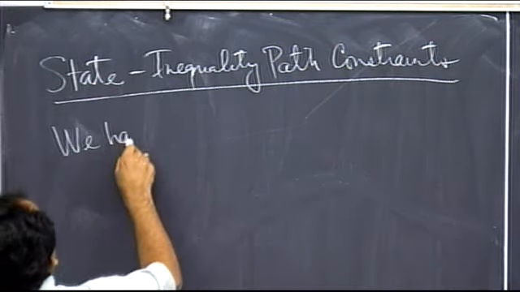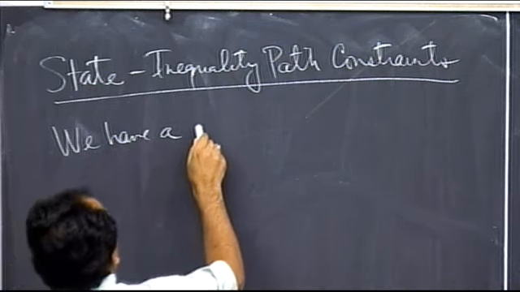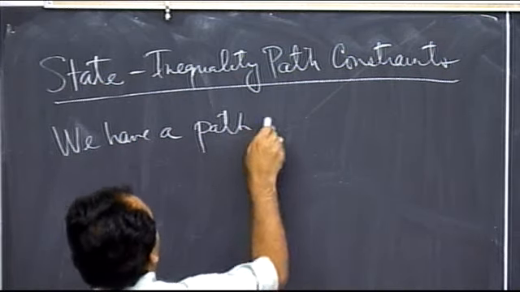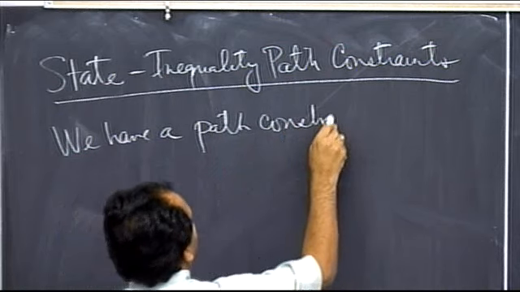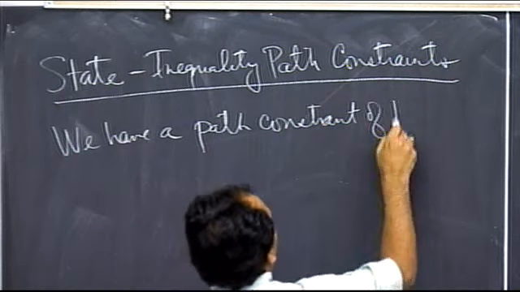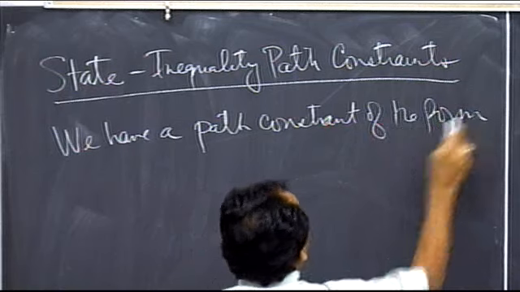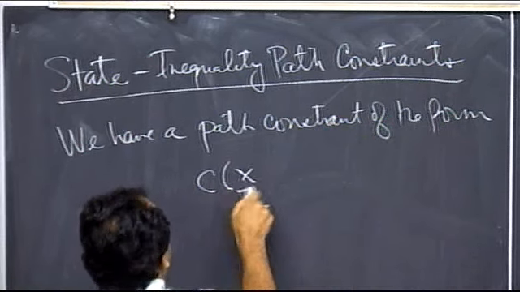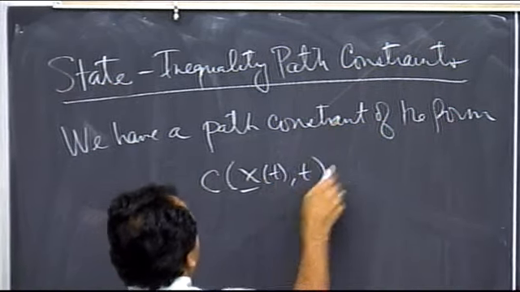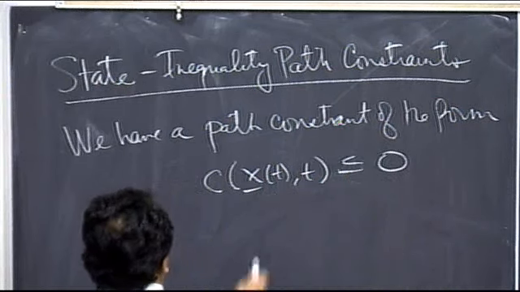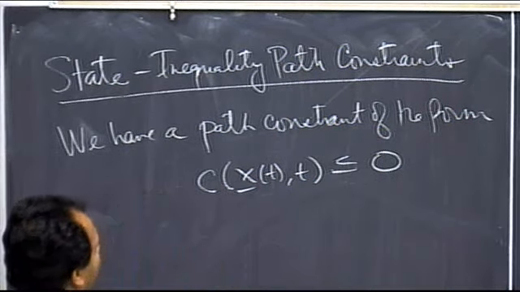So we have a path constraint of the form C of x of t and t is less than or equal to 0. Now I'm just going to do this for a scalar constraint and a scalar control.